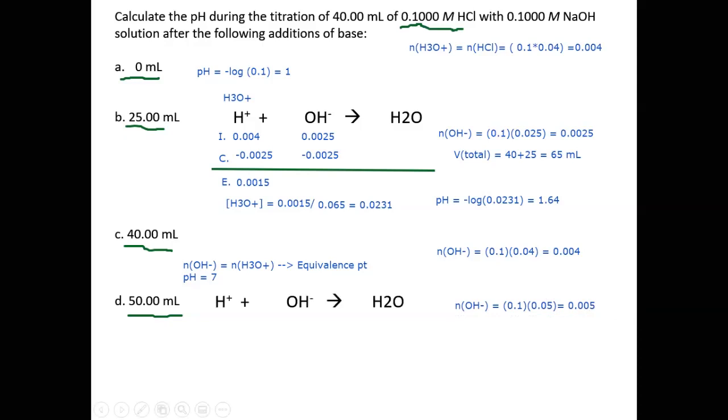Now we're going to have our initial, change, end. So initially we started with 0.004 of H plus, 0.005 of OH minus. Now notice here that the OH minus is greater than the H plus, so we're going to subtract the H plus from both.